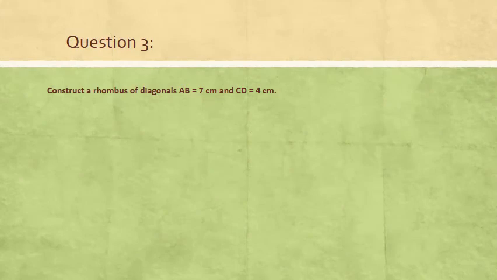Then let's move to draw a rhombus of diagonals AB equals 7 centimeter. Can you draw it by using your ruler now, Kamil? Yes. The diagonal this is 7 centimeter.